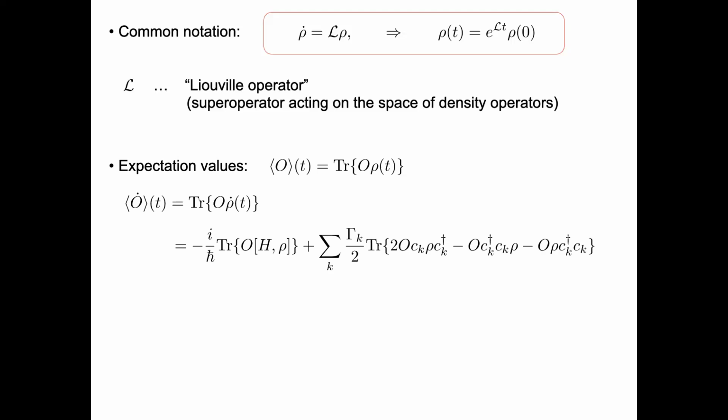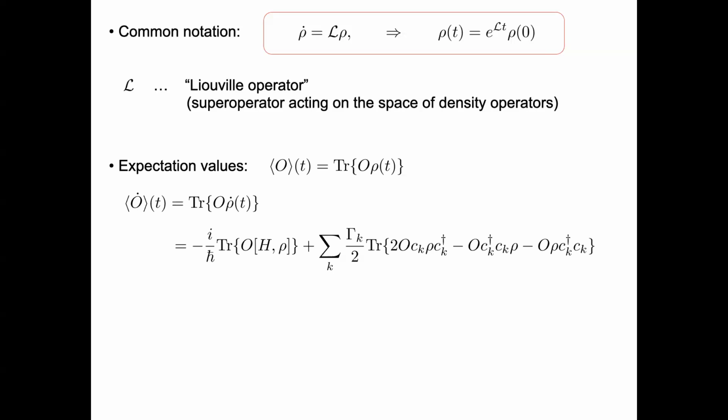So I can immediately put this in: instead of this rho dot, I just put in the master equation, the commutator with H and rho and these terms, and then before taking the trace, I have to multiply everything with this operator. So this would be now the equation of motion for this operator O.